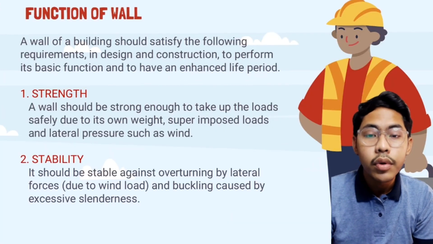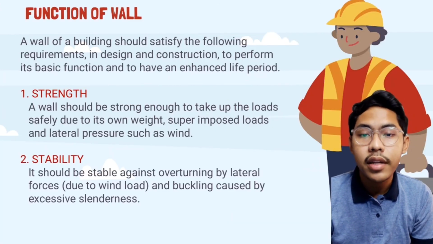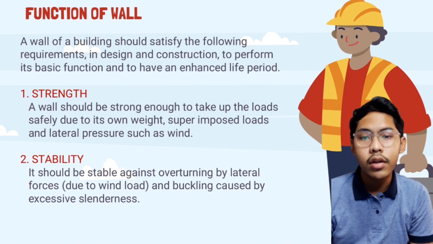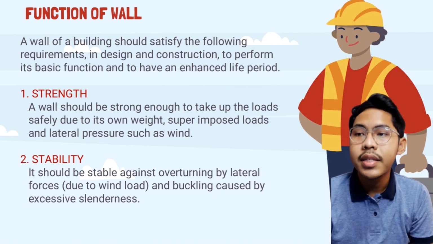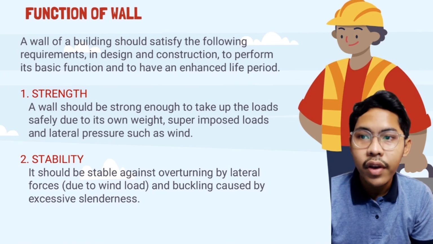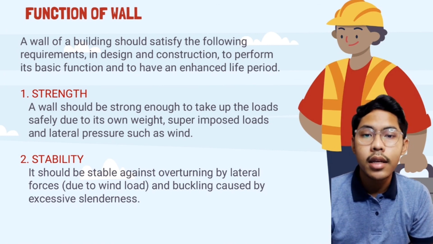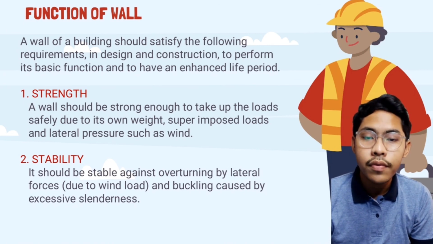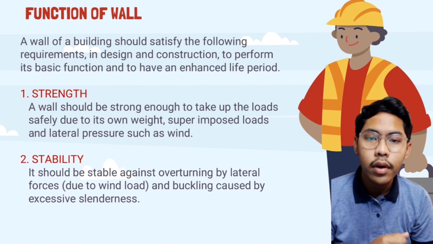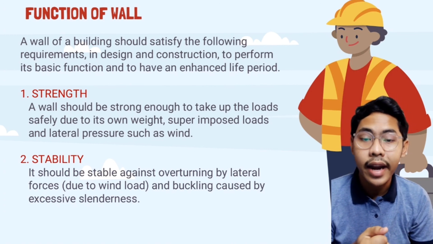A wall of a building should satisfy the following requirements in design and construction to perform its basic function and to have an enhanced life period. So our first point about the function of a wall is strength.